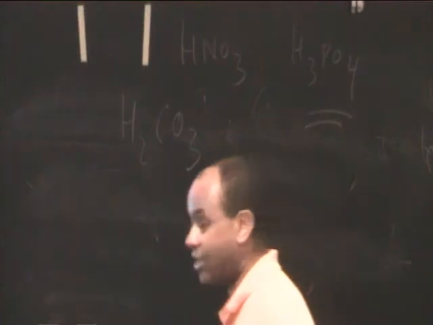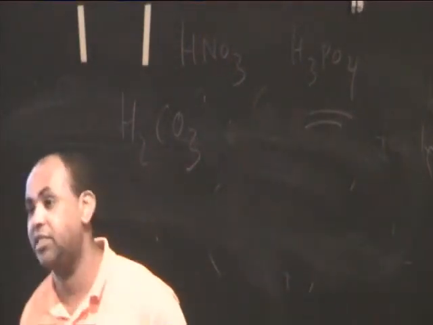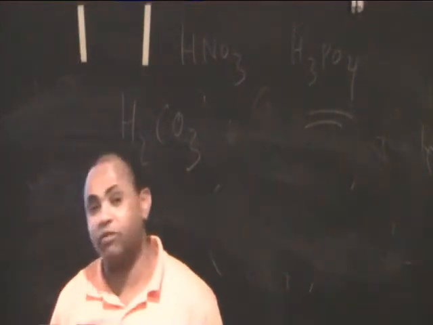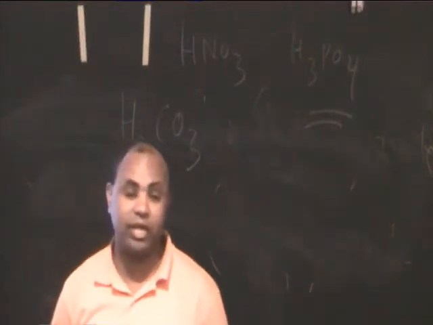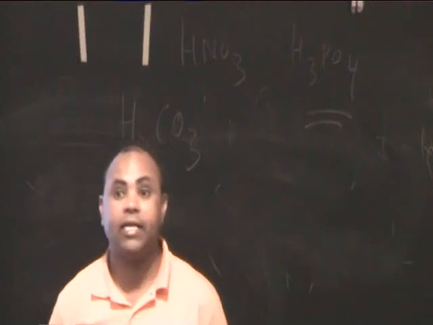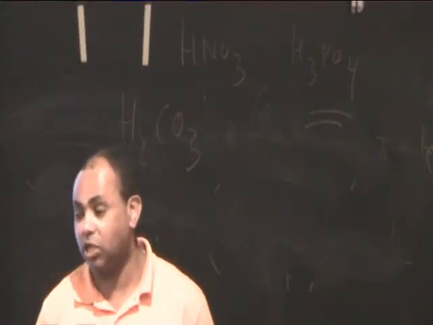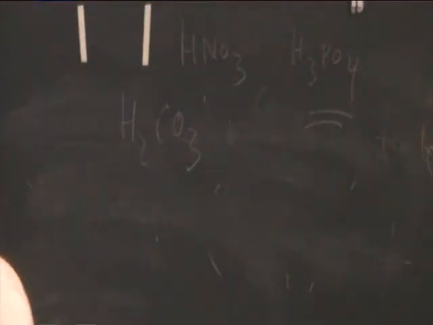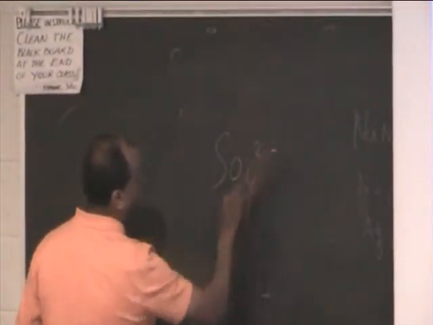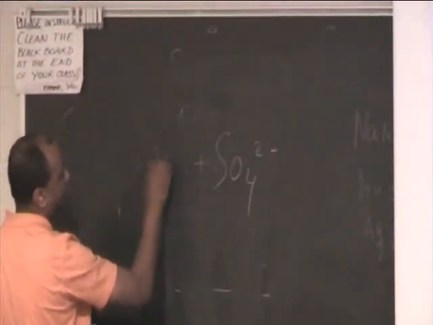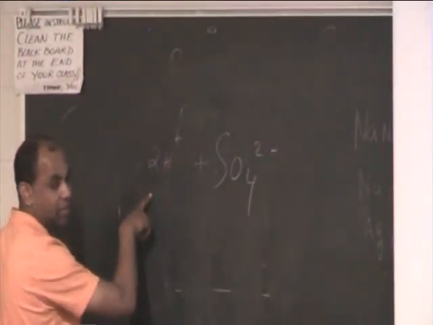If you have sulfate, what is the formula for sulfate? Sulfate is SO4 2 minus. Then the corresponding acid is made from the sulfate ion. You have sulfate, SO4 2 minus, and you add how many hydrogen? 2 hydrogen plus, right?